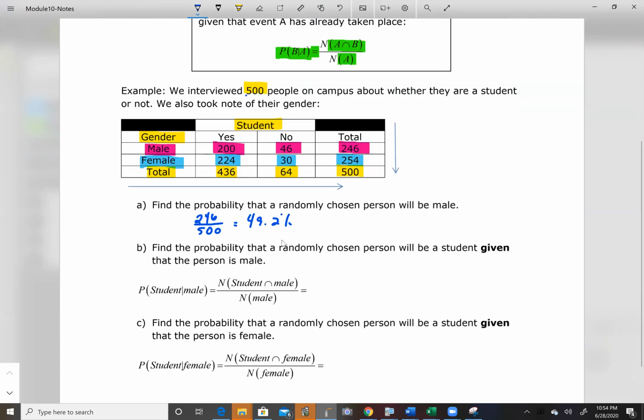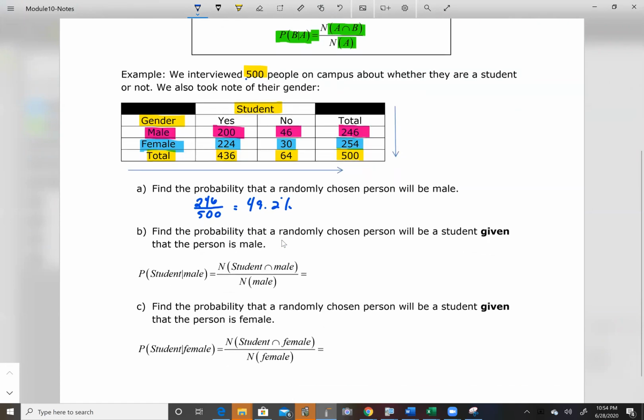Question B, find the probability that a randomly chosen person will be a student given that that person is male. So we already know that the person is male. So our denominator is going to be the total number of males that were interviewed, 246, because we already know that they're male.